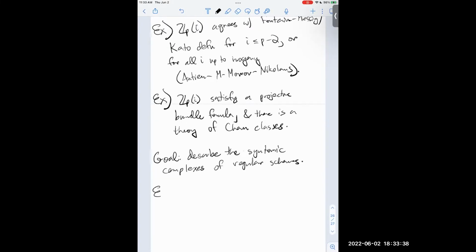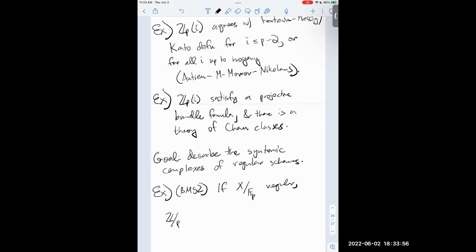In equal characteristic, this is in BMS2, and I mentioned it earlier. So if X is a regular F_p-scheme, let me switch from the ZP of I notation to the Z mod P to the N notation.